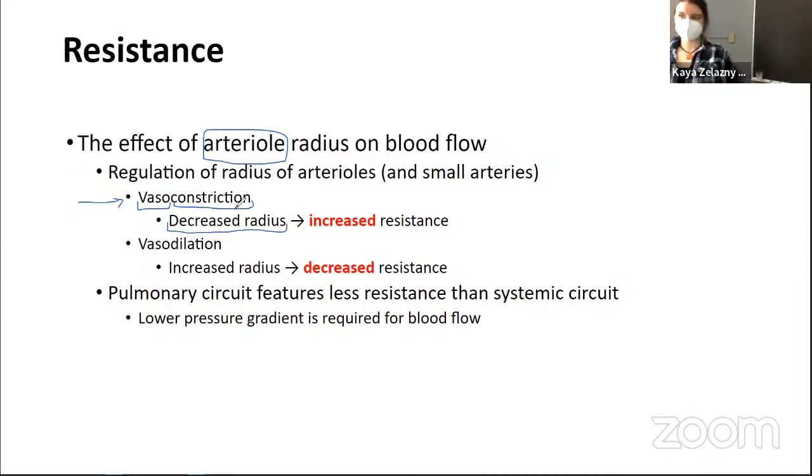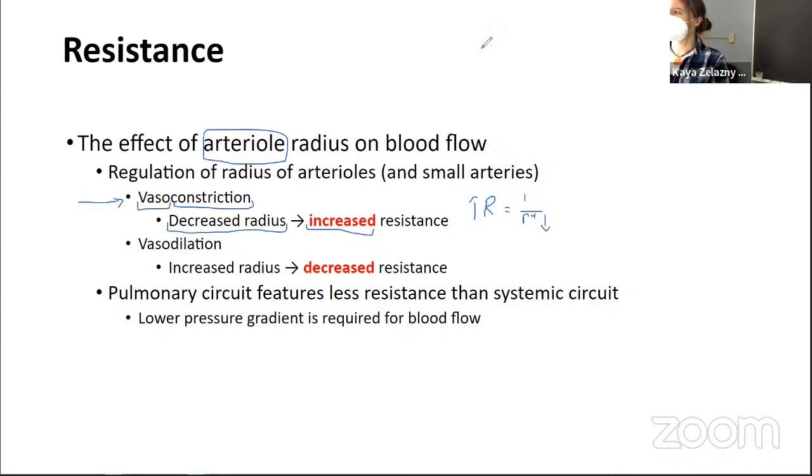So vasoconstriction decreases the radius of a blood vessel, which in turn increases the resistance because of that inverse relationship, right? So our resistance was inversely proportional to our radius. So when we decreased our radius, we increased the resistance.